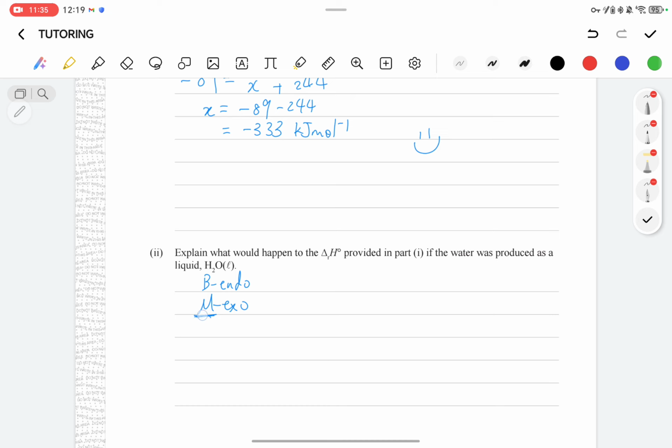There are more bonds made for liquid water than gas, so it will be more exothermic. If it's more exothermic, then the enthalpy change overall would also be more negative.